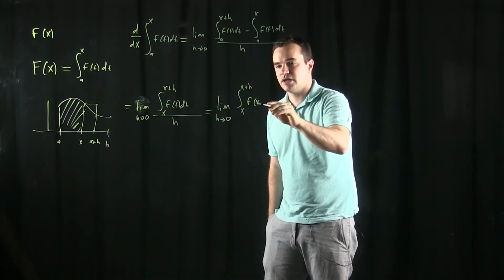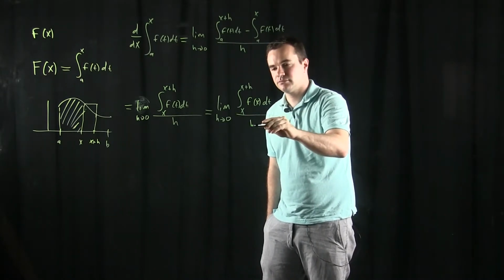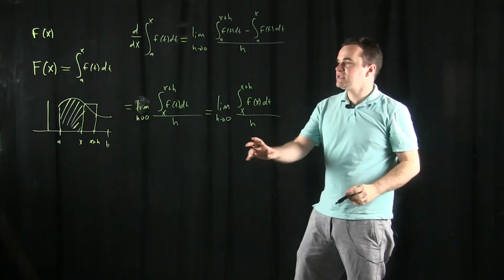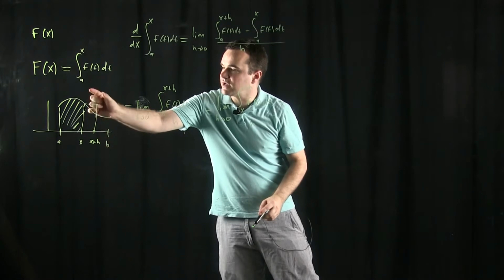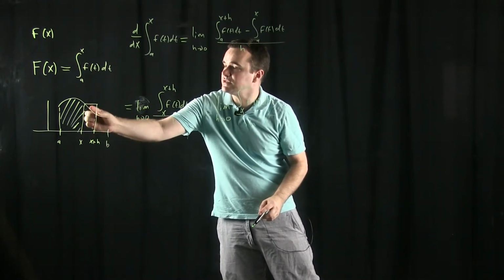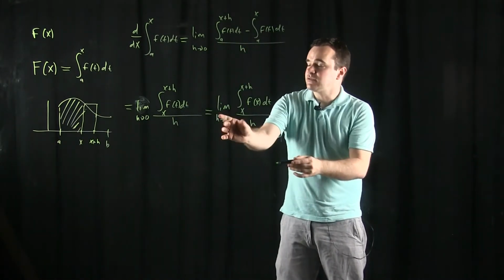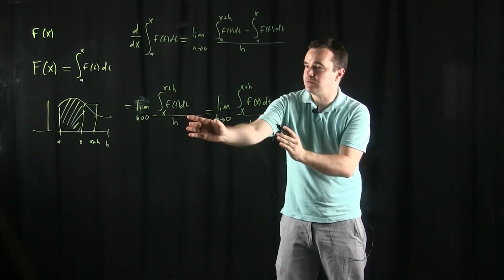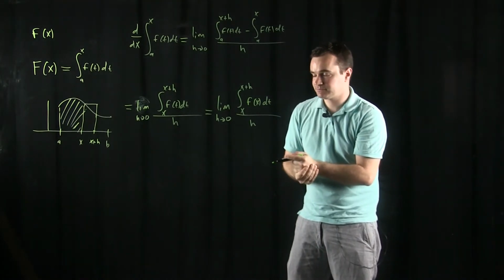So I can just look at that constant, f of x, dt, all over h. Why do you care about that? You're replacing the actual area under the curve with the area of this rectangle. The approximation is not so good in that picture, but that's just because I drew it big enough so you could see it. And when you take the limit, it'll pass from being an approximation to being a real equal sign because of the fact that function f was continuous.